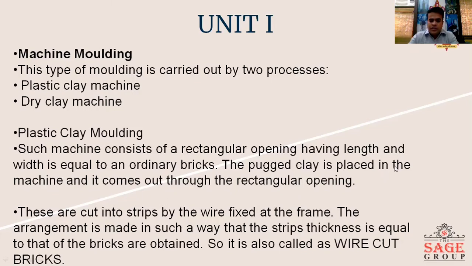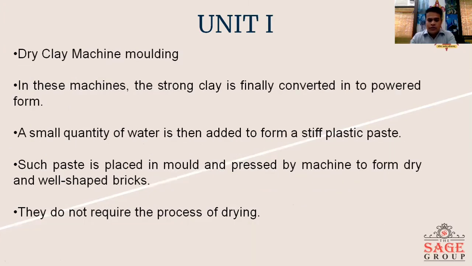The arrangement is made in such a way that the strip thickness is equal to that of a brick, and it is called a wire cut brick. That means a layer of the paste of soil is laid on the ground, and after a fixed interval the wire cuts through the layer of soil, giving the regular size of the brick.